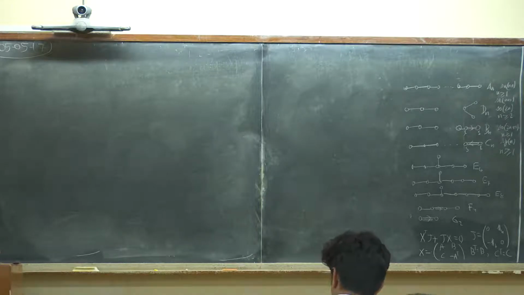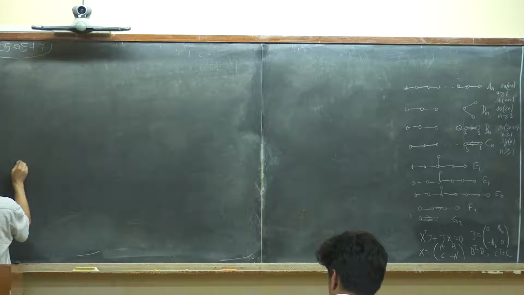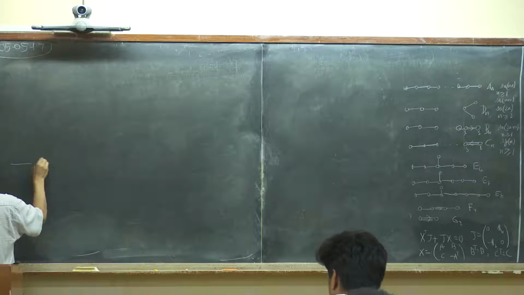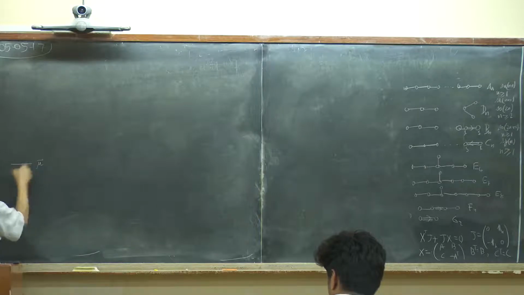So again, let me write down the master formula, starting from a weight. Last time I was writing diagrams like this with a bar. Maybe this is a better idea.